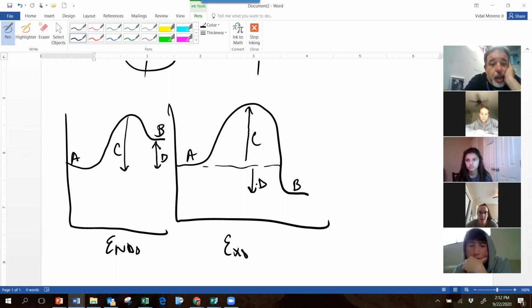C. Of these four letters, which one can catalysts affect? C. D or C? What did you say? C. Yes, it is C. That's right. So a catalyst lowers the activation energy.